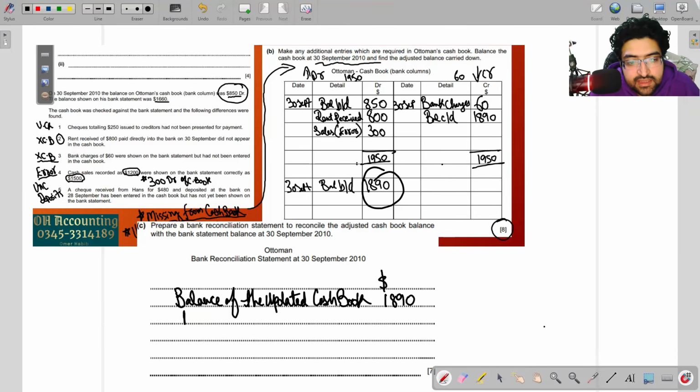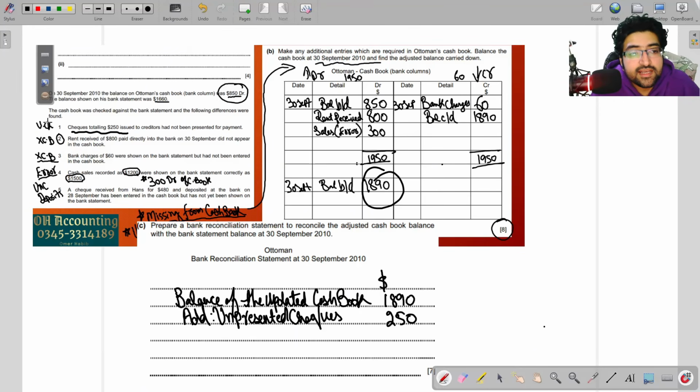Okay. Then we add unpresented checks to it. We had identified the unpresented check, which was only one. Checks totaling 250. So unpresented checks are 250.